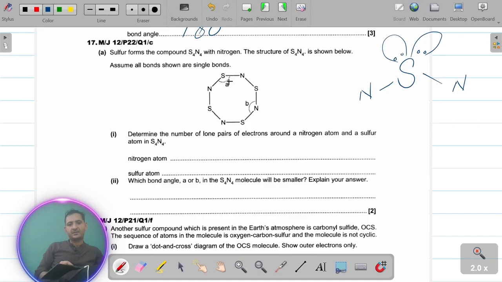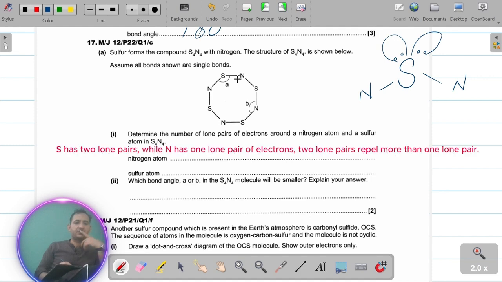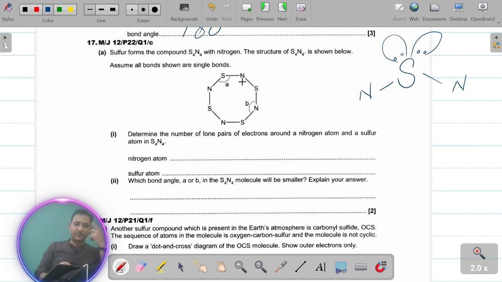On the nitrogen atom, nitrogen can make three bonds. This is from group 5, but here nitrogen is making two bonds. It means there are two lone pairs of electrons. The nitrogen atom has two lone pairs, and the sulfur atom also contains two lone pairs.